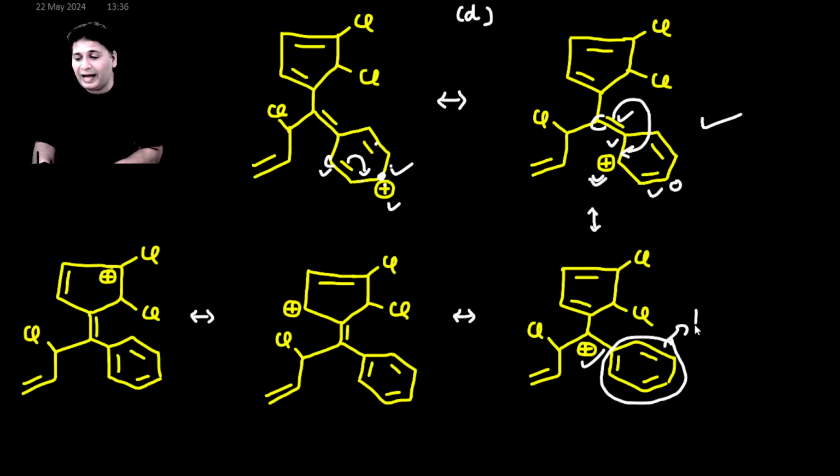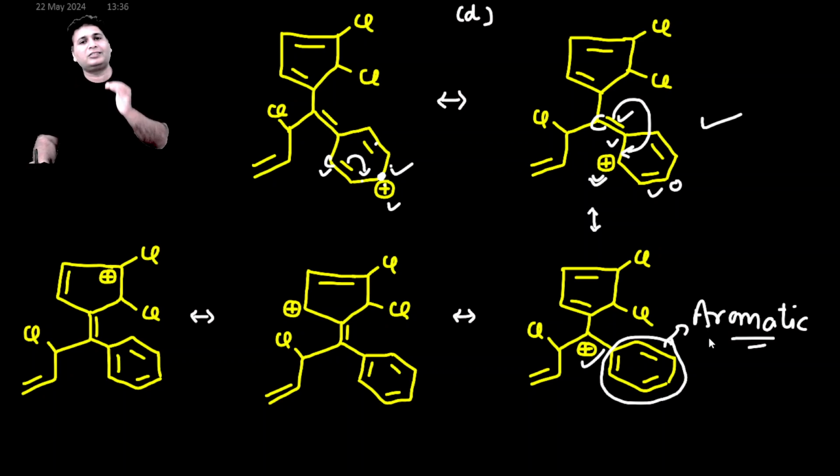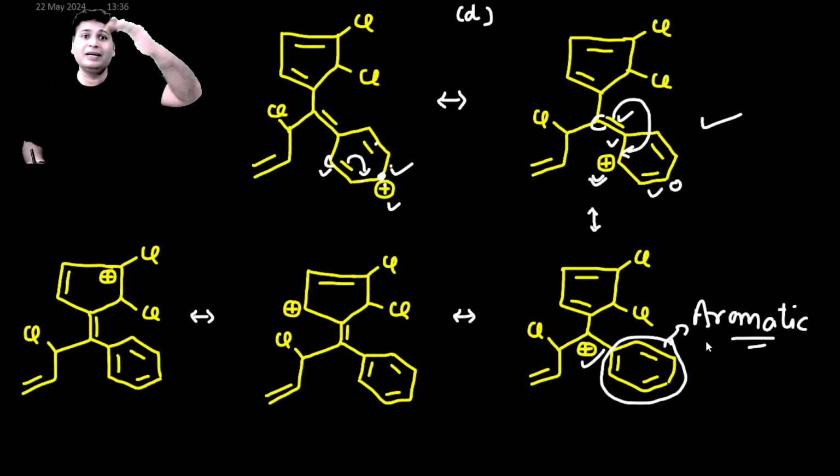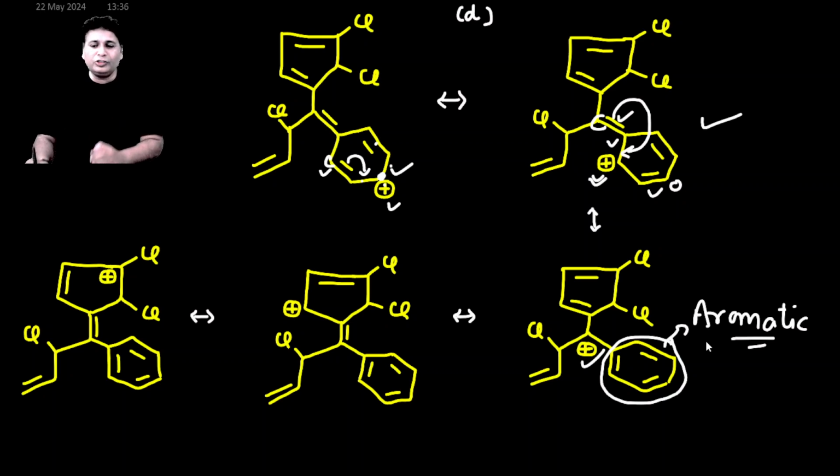Benzene, you understand, has aromatic character. In the making of resonating structures, if you find benzene rings coming, it gives you a high benefit. The stability increases a lot because of the aromatic character. So just by shuffling the electrons a position or two, an aromatic benzene ring has come, and it gives stability.